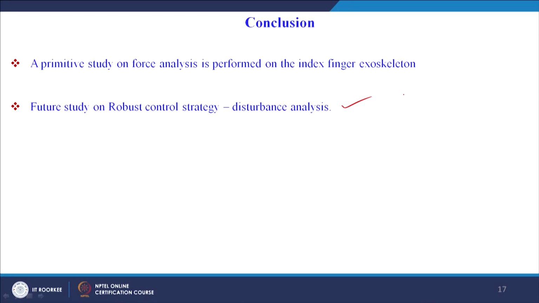Our future study will focus fully on the robust control strategy of the exoskeleton in grasping an object, with both multi-step input and time varying continuous or discontinuous variations of the desired force, along with disturbance analysis. Thank you so much.